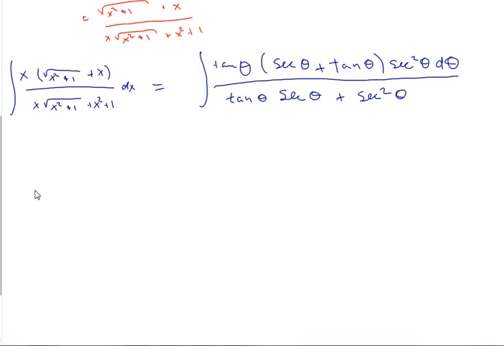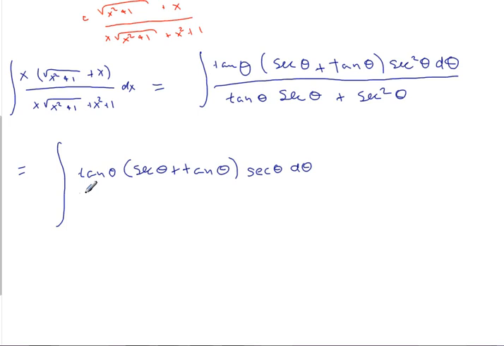Okay, so let's write this out. So this is going to be tangent theta times secant theta plus tangent theta times secant theta d theta.